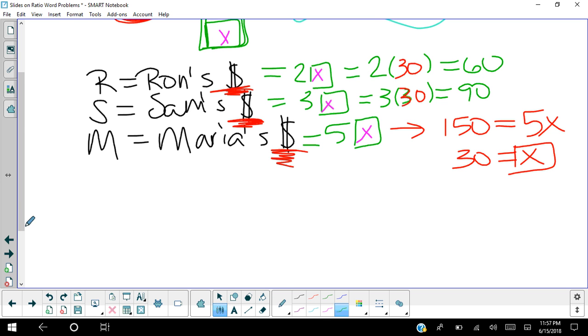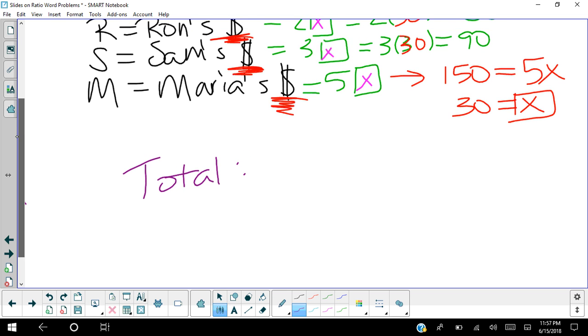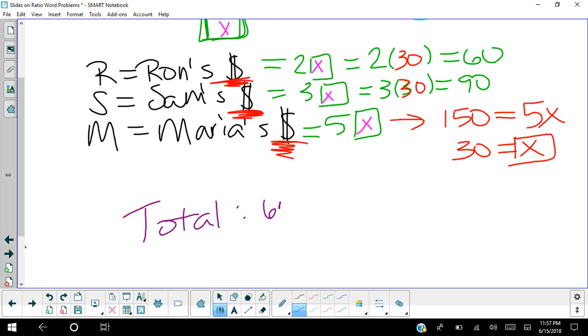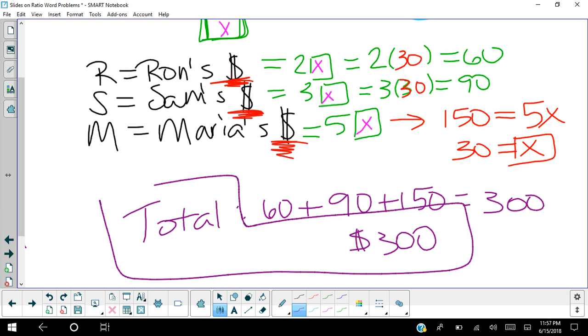So for my total amount, I have 60 plus 90 plus 150. So I get 300. So total amount is $300. And then they wanted to know how much Ron and Sam got.